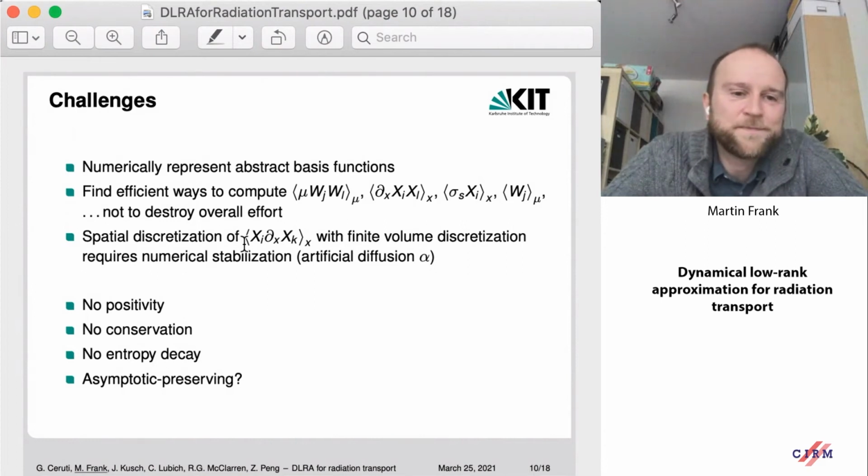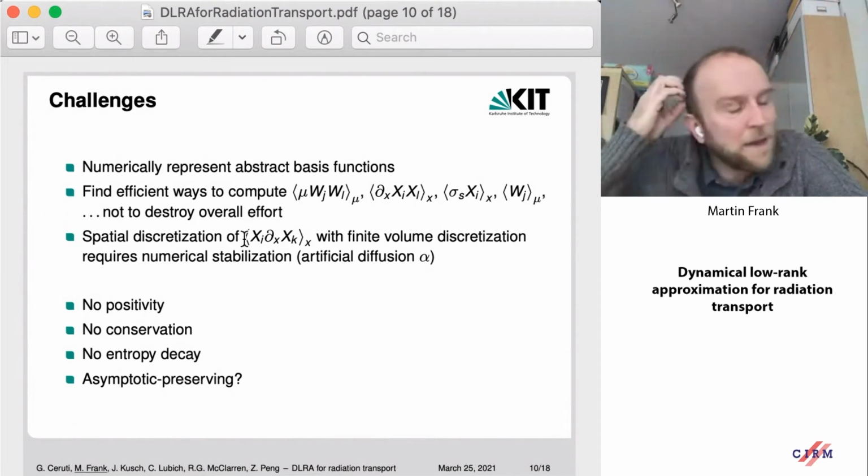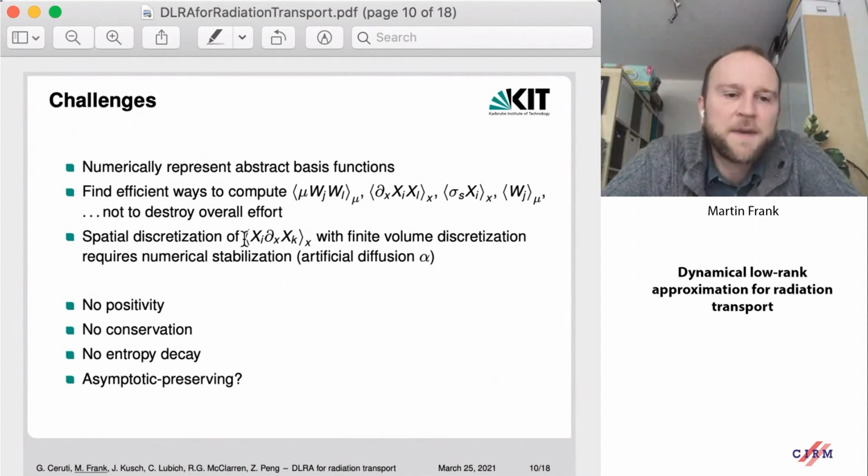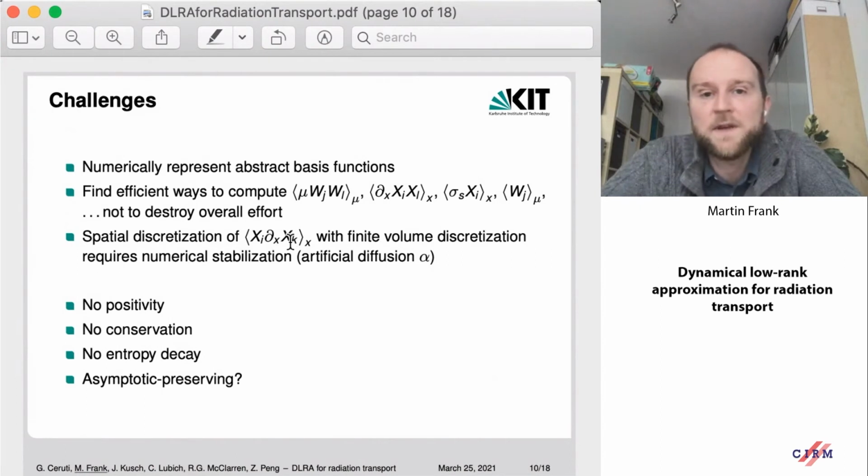And then there's another point that I might explain maybe a year from now at a conference where we see each other: the hyperbolic discretization becomes a little bit tricky here, because I have this term in there. So this is a spatial integral of the X basis functions multiplied with the derivative of an X basis function. If you imagine that I express this in terms of finite volumes, I have something that is discontinuous, and I take the spatial derivative out of it.